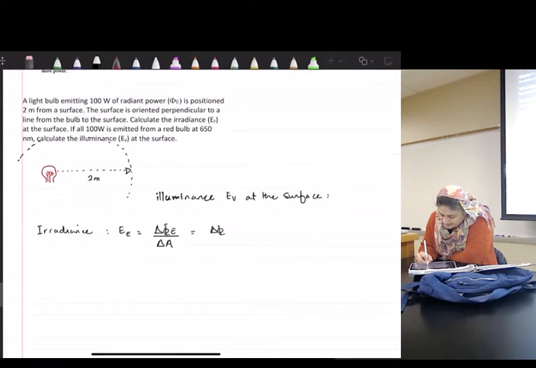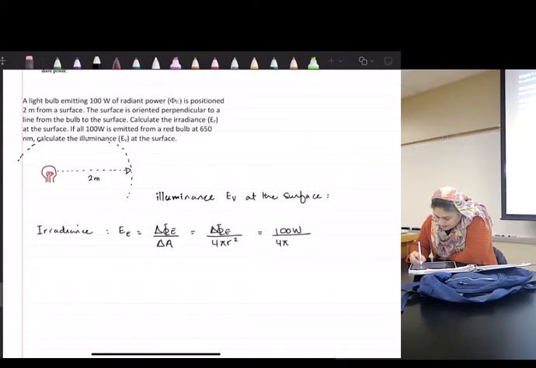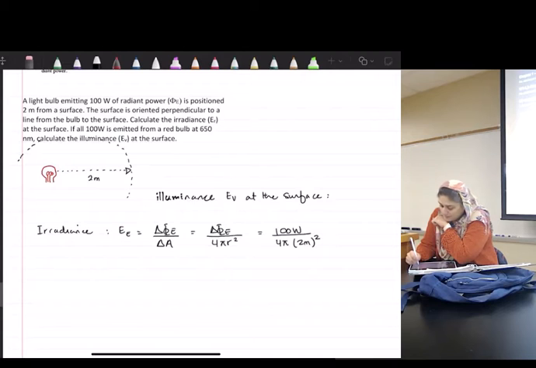So this will be phi E that the source is emitting divided by 4 pi r squared. So this would be 100 watts that illuminates an area 2 meters away. 1.989. 1.9 watts per meter squared.